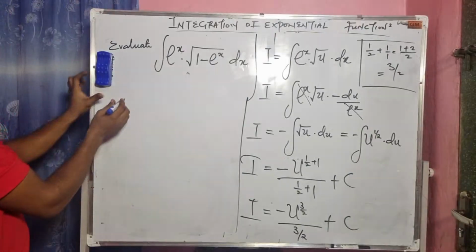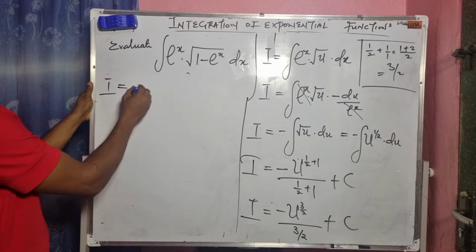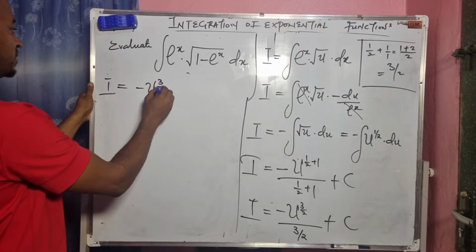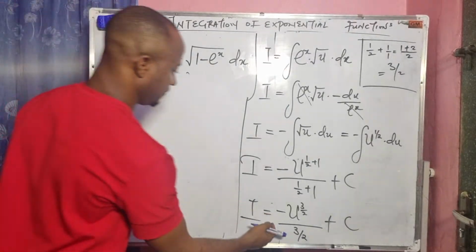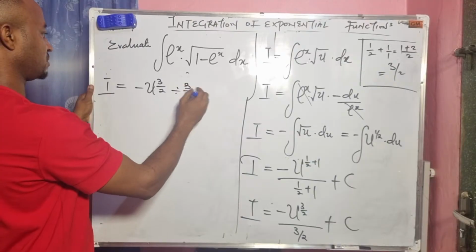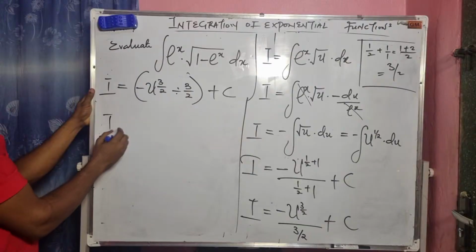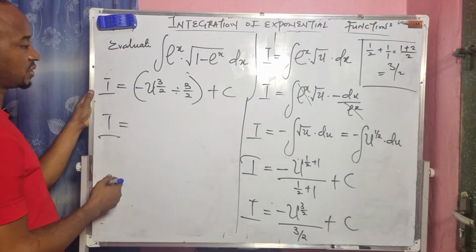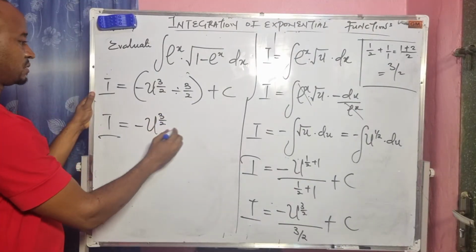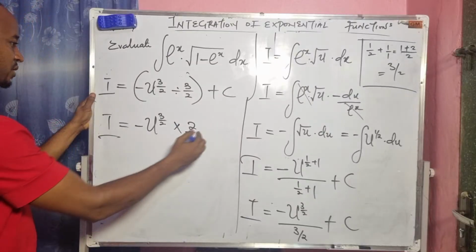So by the time we evaluate this further, our integral I equals minus u to the power of 3 over 2. This is a division sign, so I can say divided by 3 over 2, plus c. So our integration becomes minus u to the 3 over 2 times 2 over 3, plus c.